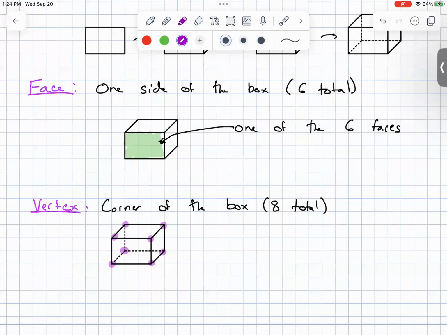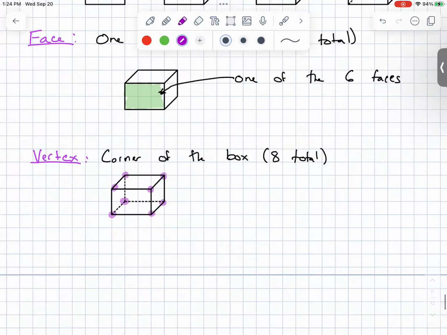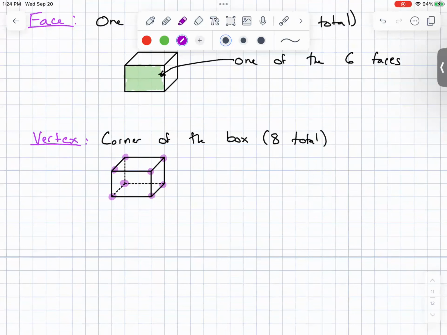Yeah, it's a lot to draw. And then last definition for a box is the edge. This is the line that connects 2 corners.